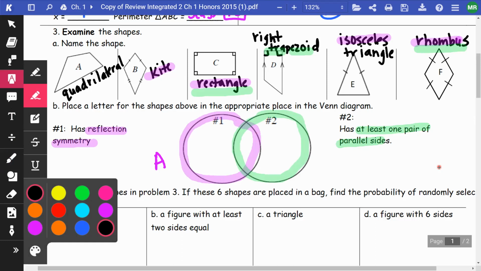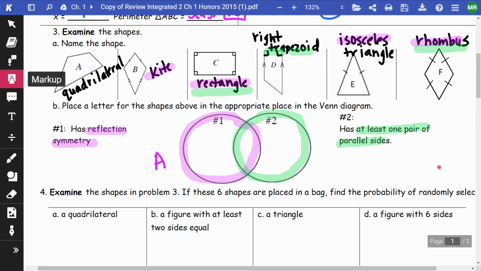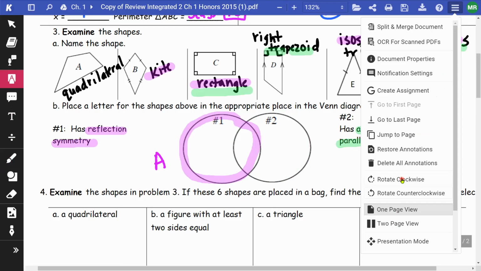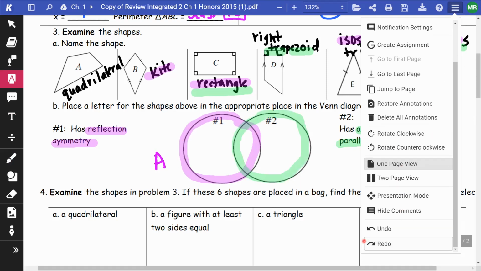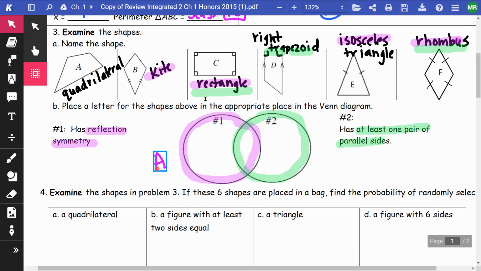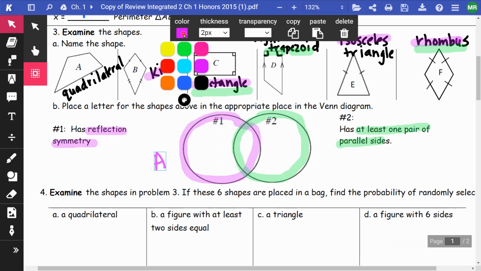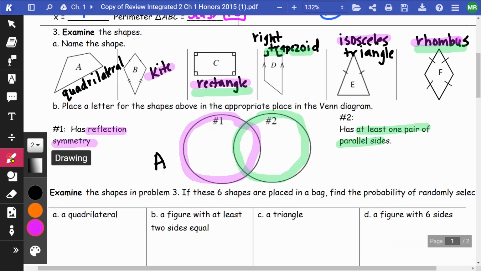So let's see. Let me do it this way. Give me one sec. Okay. So this one here, just change that to, let's say, black. And then for the ones that are just in the purple only, that's going to be B, which is kite.